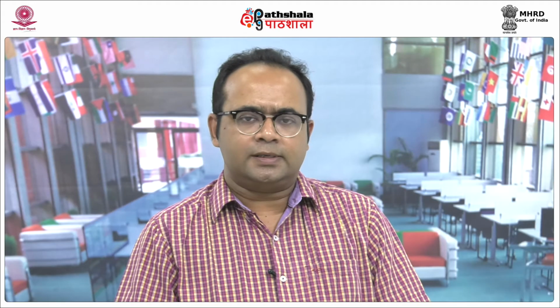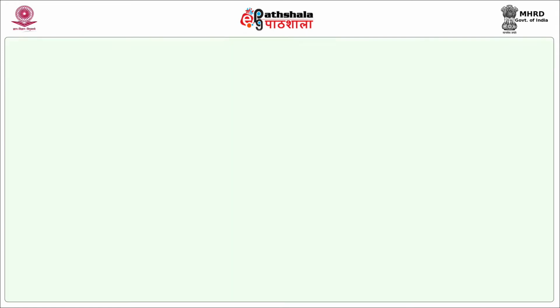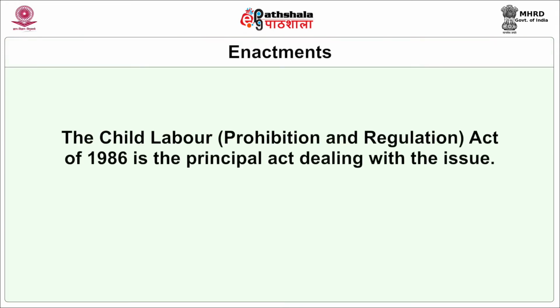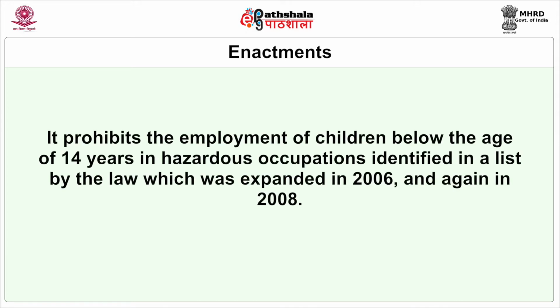Enactments. A specific legal framework for the prevention of child labour is in place. The Child Labour Prohibition and Regulation Act of 1986 is the principal act dealing with the issue. It prohibits the employment of children below the age of 14 years in hazardous occupations identified in a list by the law, which was expanded in 2006 and again in 2008.